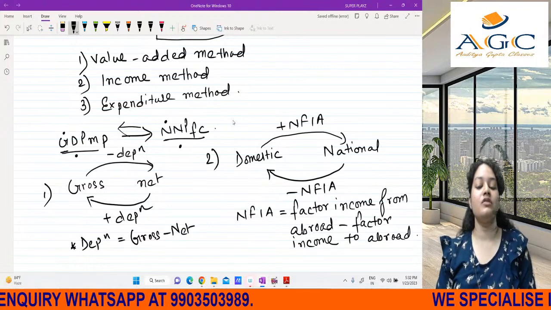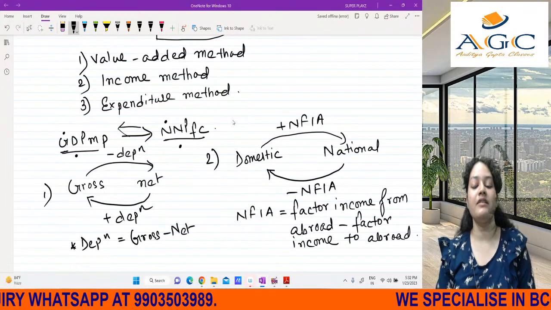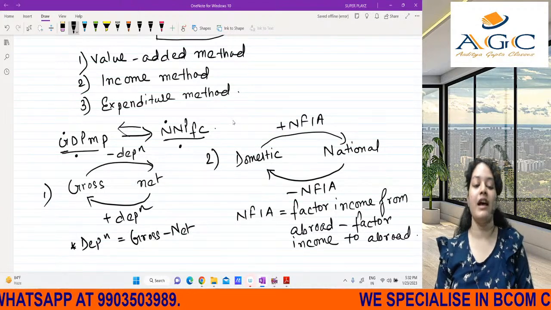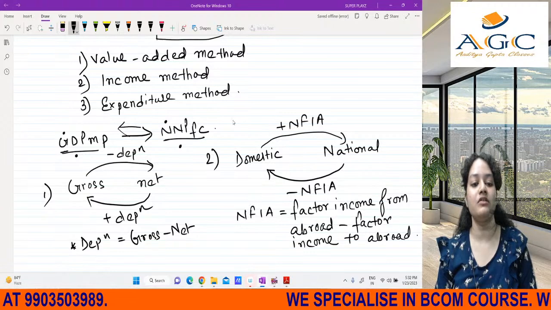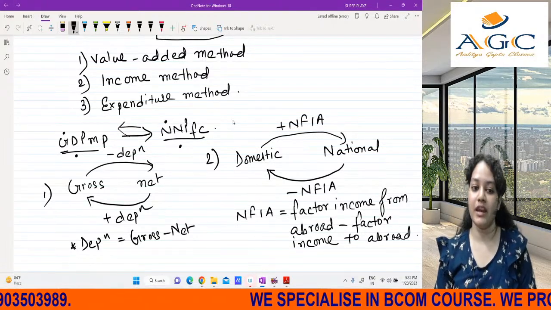So if we are given domestic and we have to go to national, we have to add our NFIA, and if we are given a national value and we have to take it to domestic, then we have to deduct our NFIA.